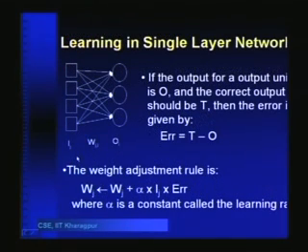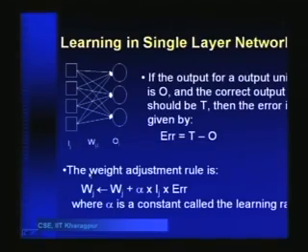Now, let us see how we use a neural network like this for learning. This is a single layer network. I have one layer of input units here, these are the input units of the network, and I have one layer of output units of the network.